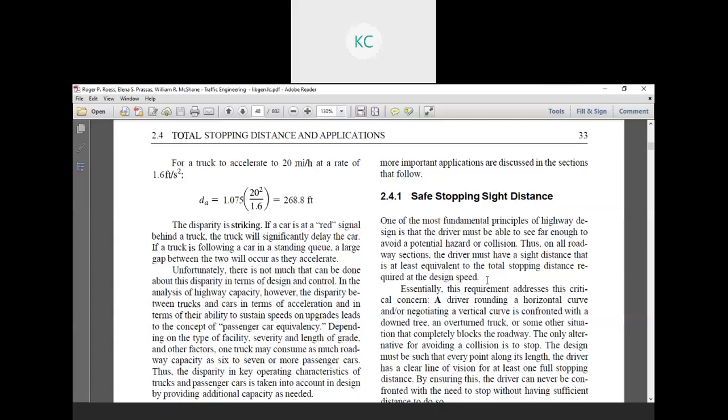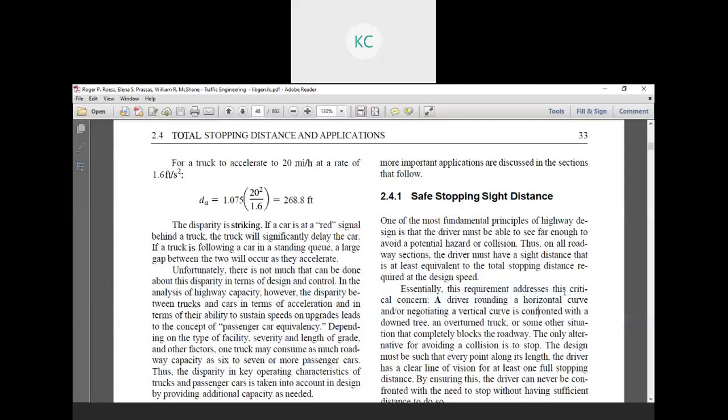So stopping sight distance is related to the design speed as well as the design vehicle. Stopping sight distance provides a sight distance to the driver so that they can stop a vehicle without any collision at the design speed.